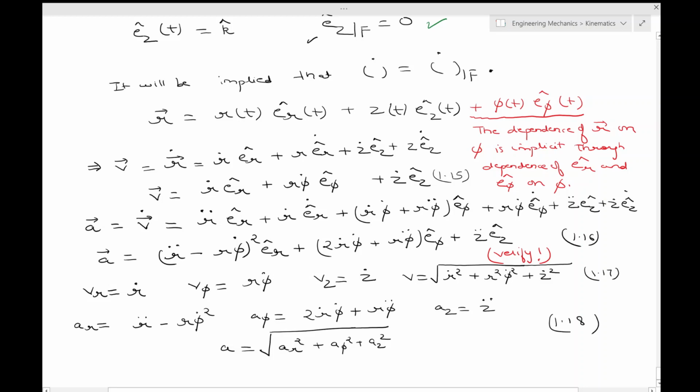I hope it is easily seeable that despite you not explicitly taking the dependence of r on phi, the velocity and accelerations will have all these terms, with lots of phi's around. So you were right in doing that. There was no problem doing that.